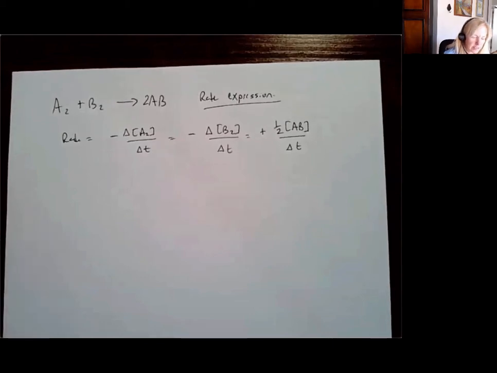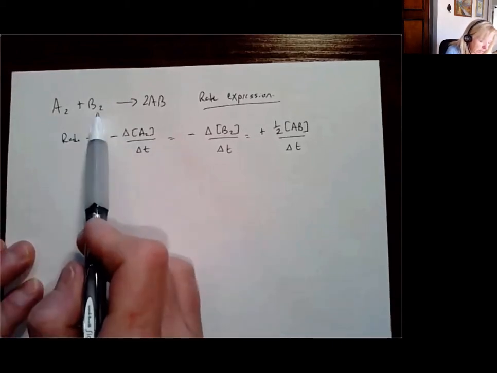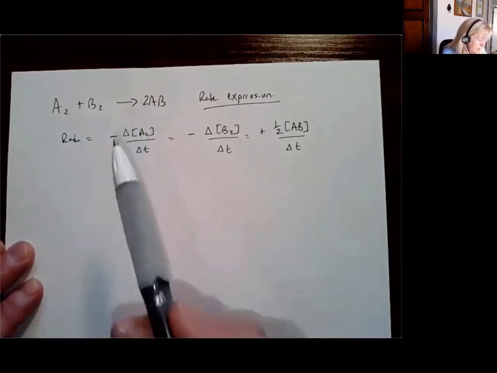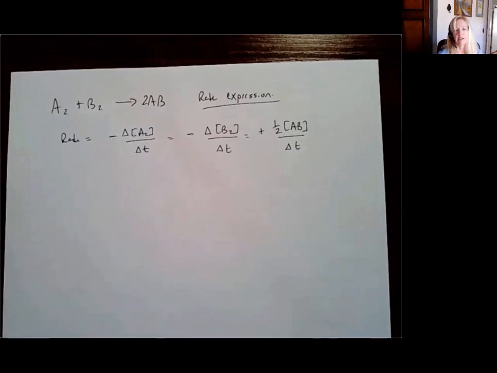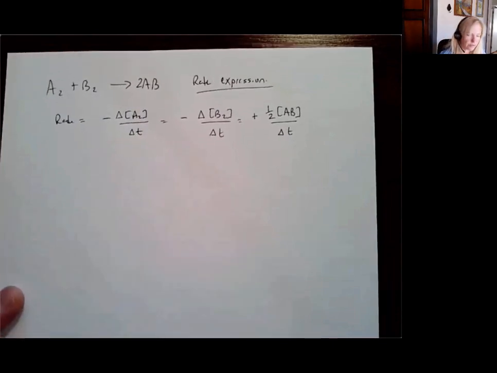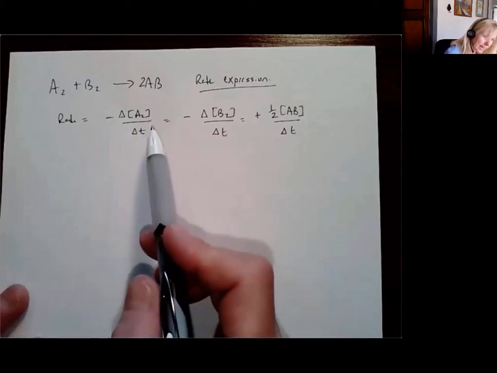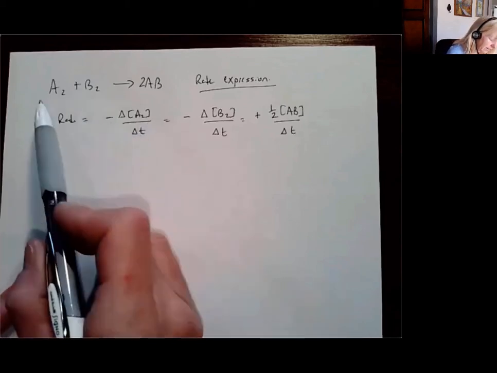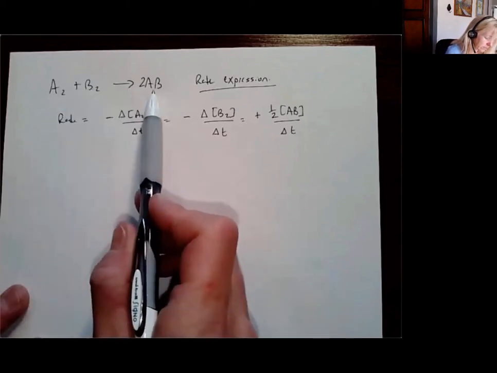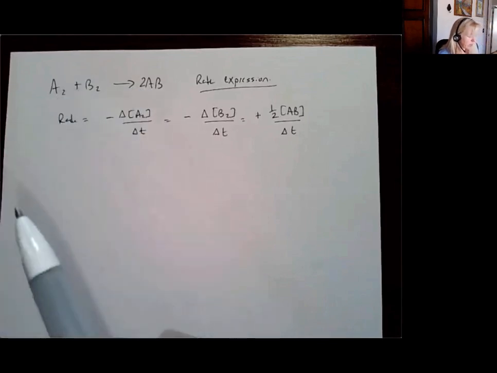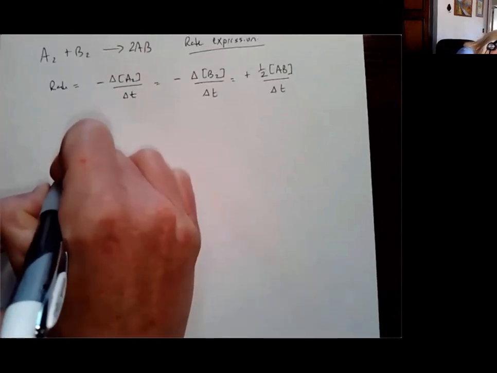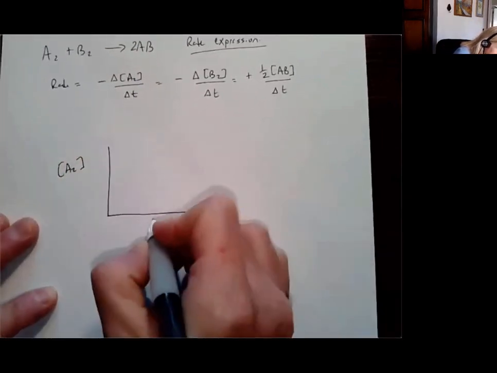This implies that as one of these goes, 2 of these are formed. That is unmessy life. This may be the case, that as this decreases, this is formed, but this could also not be the case. So what if I looked at this reaction, I looked at A2, for instance, versus time.